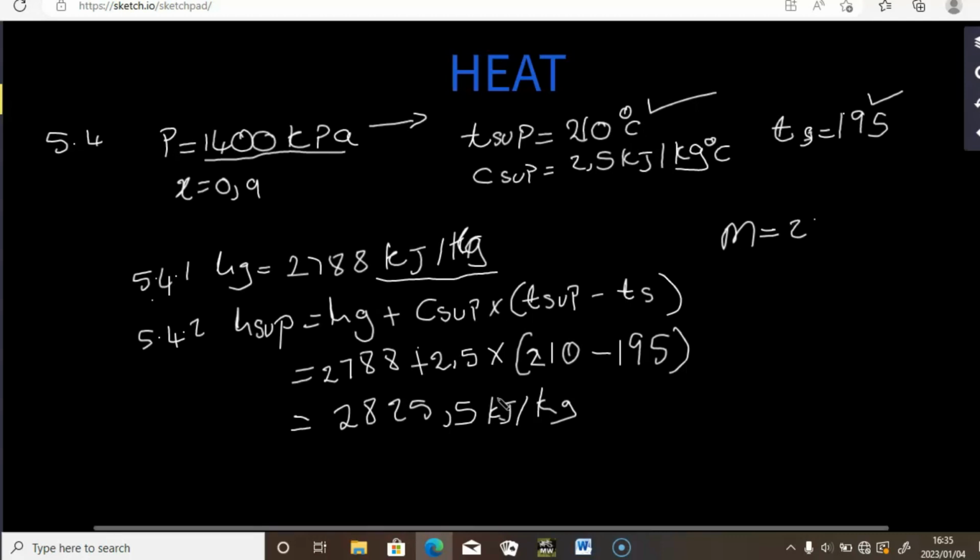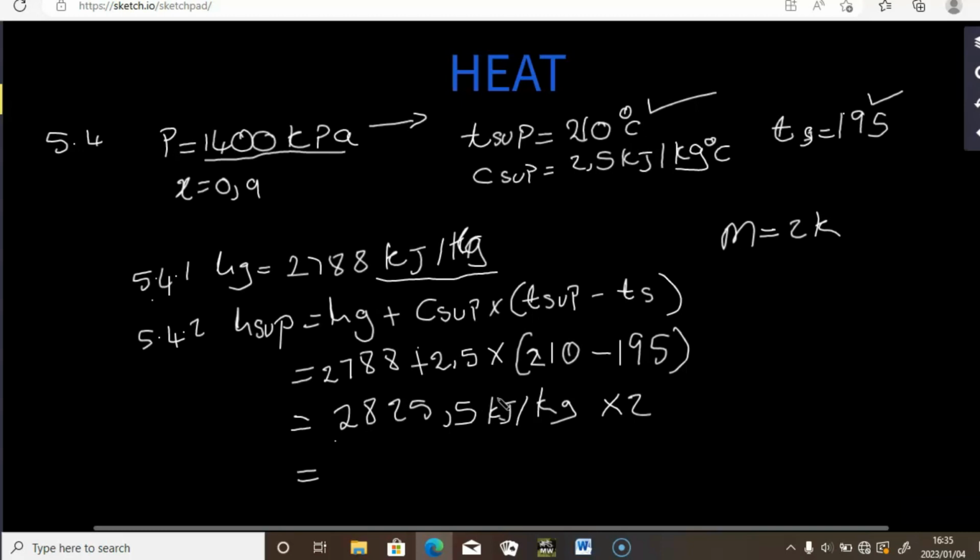If this is for 1 kg, then we have to multiply this value by 2, so that we get the heat energy required by 2 kg of water.